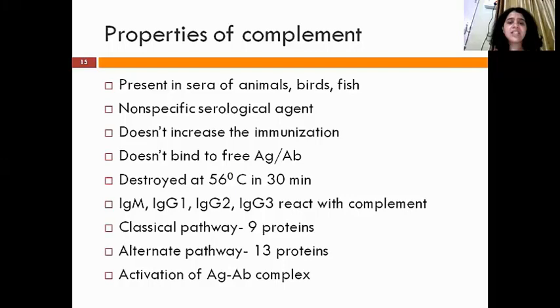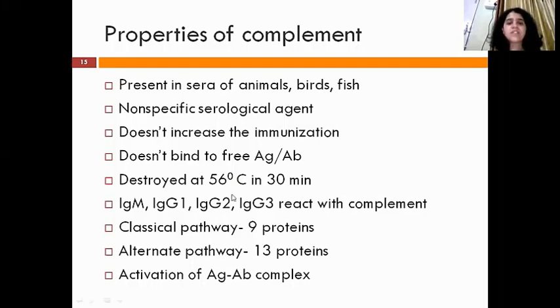It doesn't increase immunization. If your body's complement system is working well, it doesn't mean that your immunity is good. It doesn't bind to free antigen. If there are free antigens or antibodies present in the body, the complement system will not get activated. There has to be interaction between antigen and antibody. Then only your complement system will get activated.